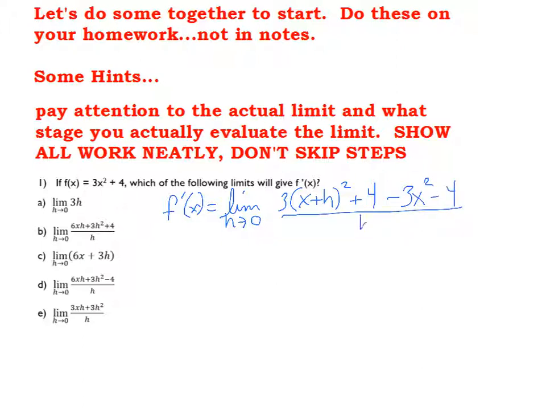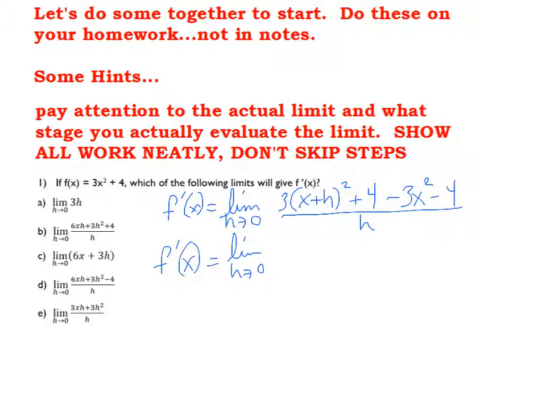All over h. Now I'm going to clean it up. Like I said, sometimes as we get into this, I'm going to start expecting you to be able to do some mental math on this algebra. We talked yesterday about how we can square that. You should know what that looks like when you square it. That's just the x squared plus 2xh plus h squared. I'm going to write that, but I'm also going to be distributing the 3 at the same time.